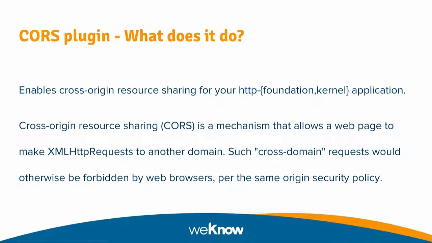Because you're sharing information between 2 different domains, the HTTP standard will say, hey, there's something funky going on here, it's not part of the same thing. So with CORS, or cross-origin resource sharing, you can tell it, it's totally okay to fetch information from this other domain. I know about it. It's safe. It's okay.